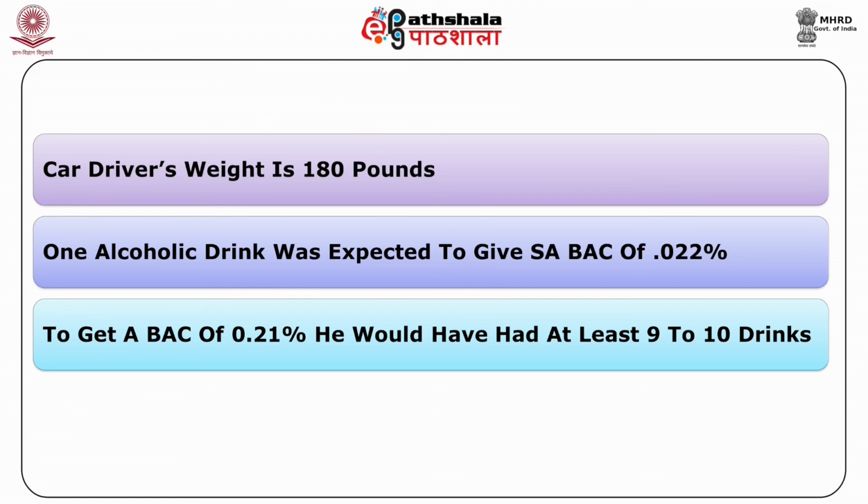To get a BAC of 0.21% prior to his last drink, he would have had to consume at least 9 to 10 drinks. This is reasonable because he was at the bar from 4 p.m. until the bar closed at 10 p.m. So it is realistic to think that in 5 hours he could have easily consumed 10 drinks.